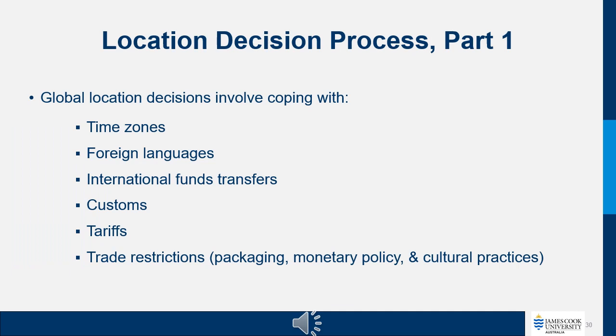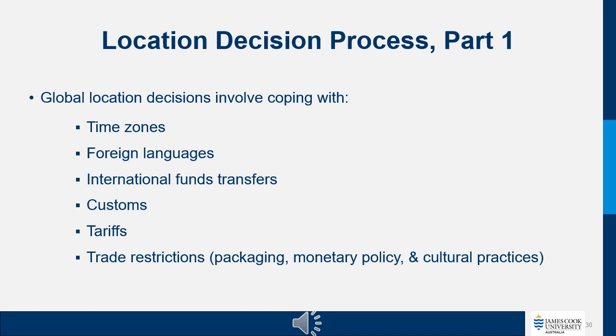Now, when we come to global locations or global supply chain, there are more factors that we really need to be aware of. One of them is time zone and time zone differences. That's very important to us. Foreign language, what language they're receiving, what language they're speaking, international fund transfer, customs, tariffs, trade restrictions.